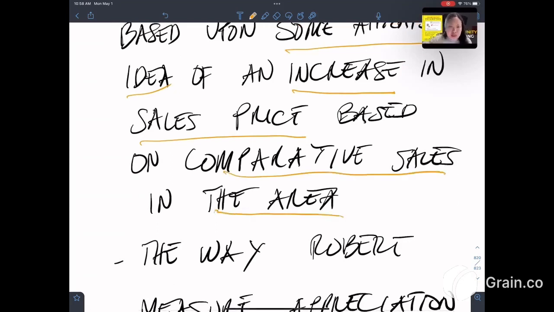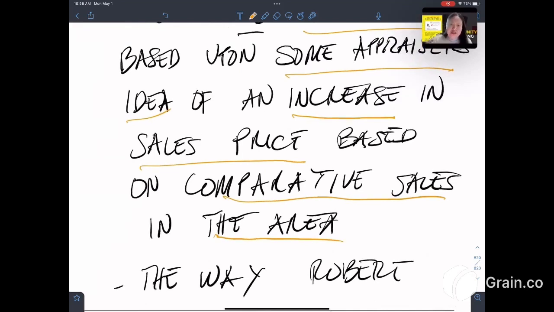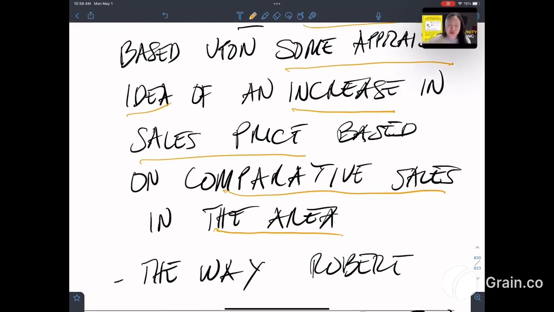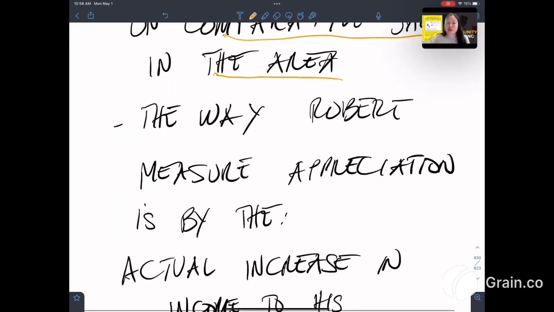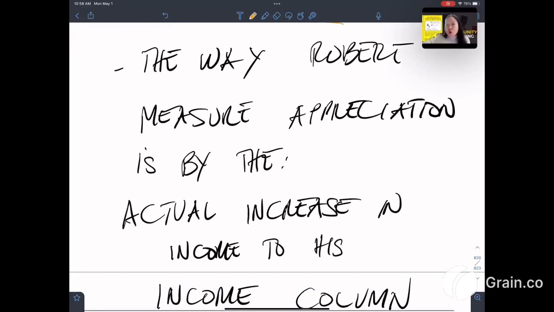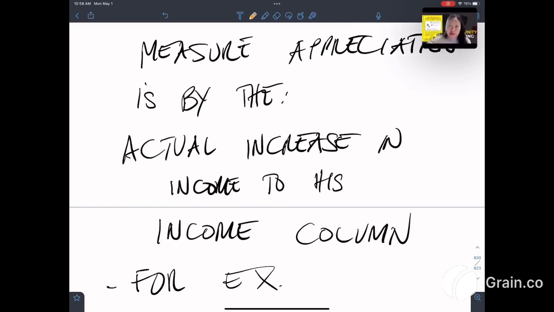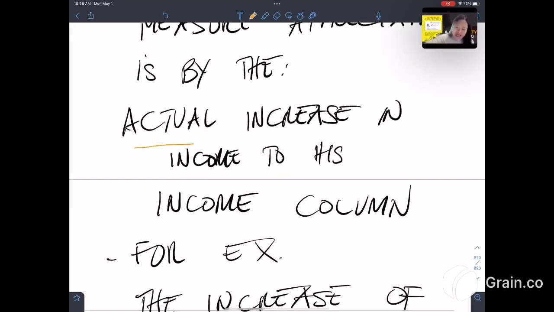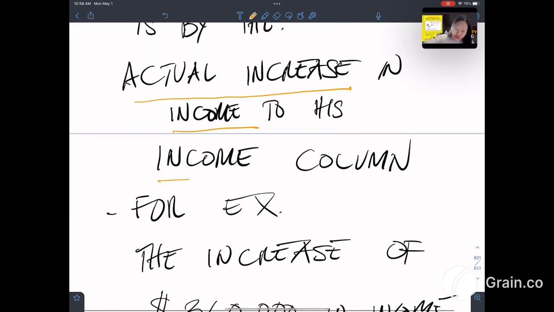So if you have 100 apartments, 200 apartments, 1,000 apartments, the appreciation is not based on the comparables. It is not based on the appraiser's value of your property. The way Robert measures appreciation is based on the actual increase in income to your property's income column, or to Robert's income column, or to my income column.